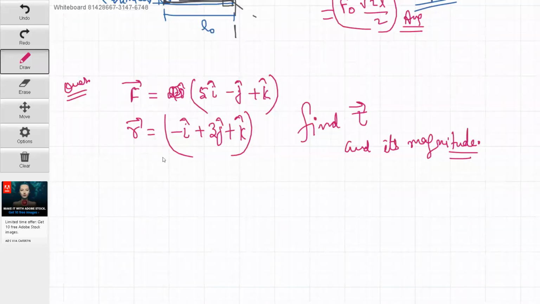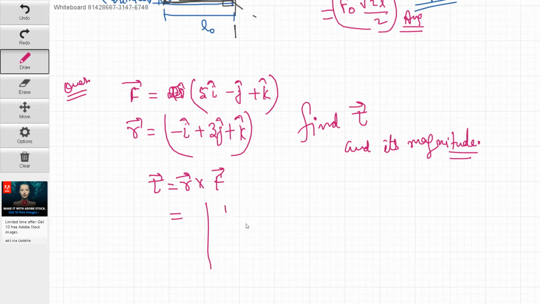So for this question you just have to take the cross product. We know that the torque vector is equal to R cross F vector, isn't it? I told you how to take the cross product. You can also take the cross product by the determinant method. So this is i, this is j, this is k. For R cross F, the coefficients of R are -1, 3 and 1, and the coefficients of F are 5, -1 and 1.